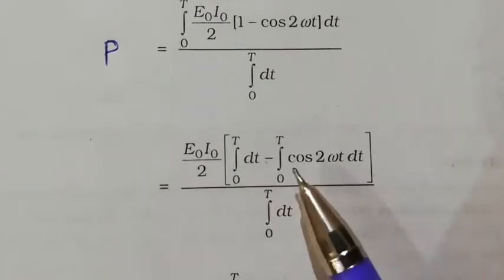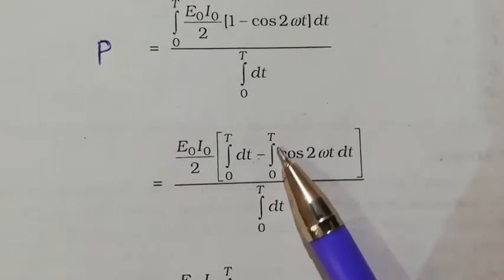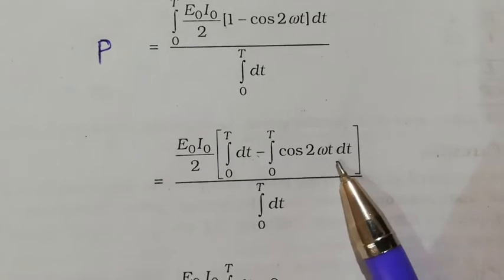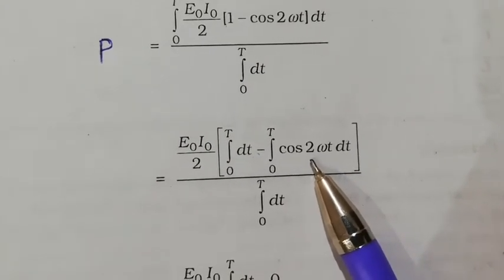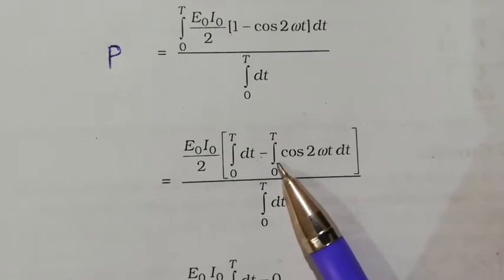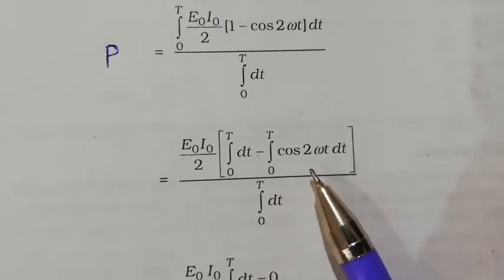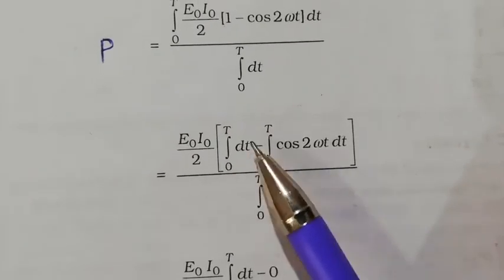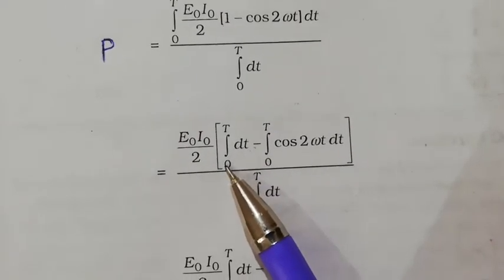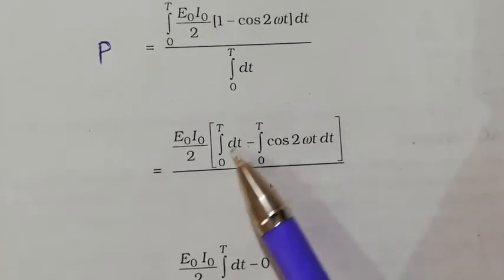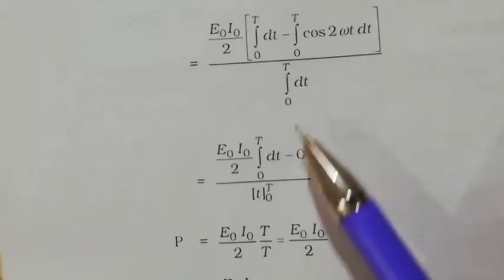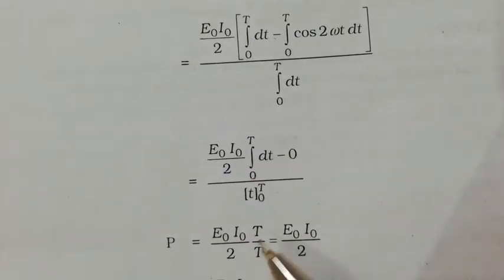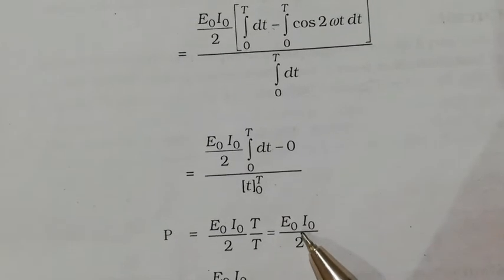When we integrate over the complete cycle, the cosine and sine terms vanish when the limits are applied. So only the first integral and the denominator remain. It will have the value T and the denominator also has the value T, so E0 I0 by 2 times T by T, that's equal to E0 I0 by 2.